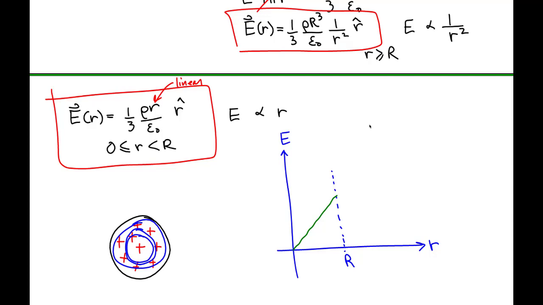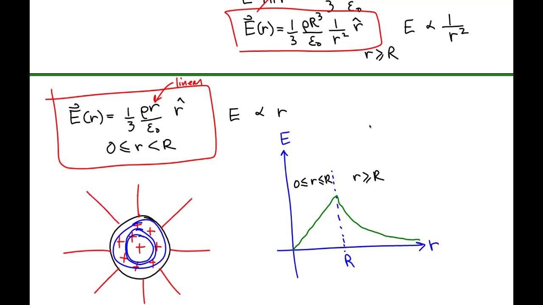So this is the region for 0 less than or equal to r, less than or equal to capital R. And then when we are outside of that, we get the inverse square law. And that makes sense because now once we are outside that uniform sphere of charge, as you can see from our electric field lines, the electric field is weakening with distance.